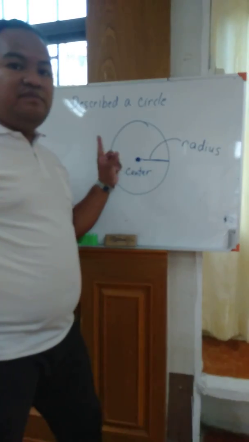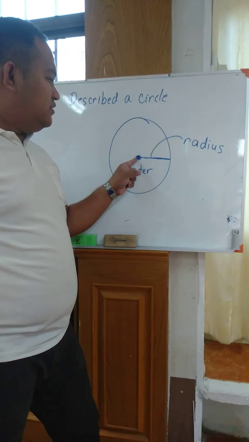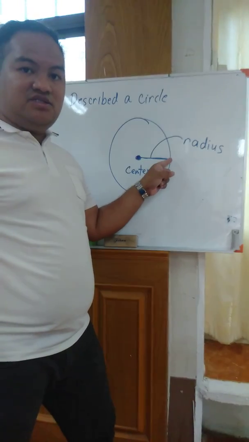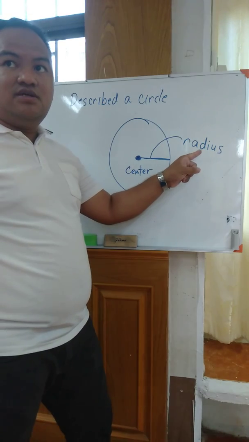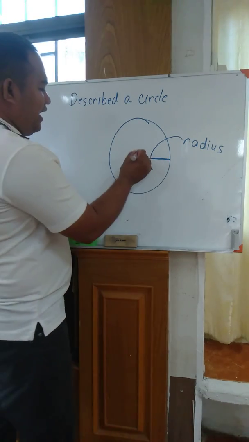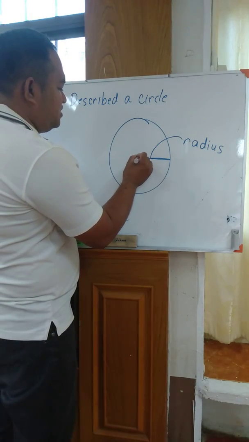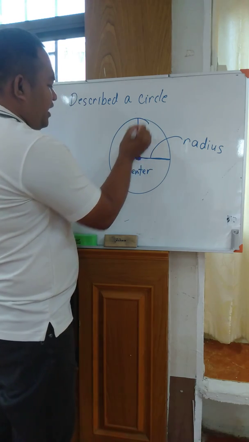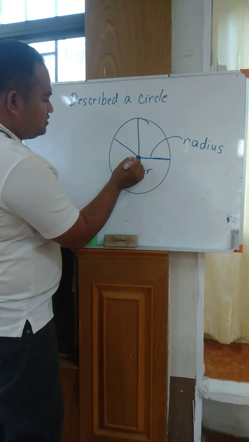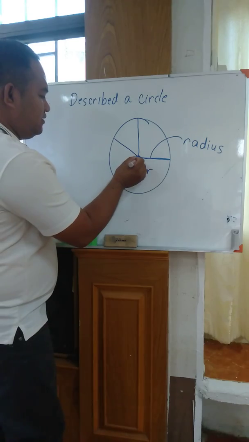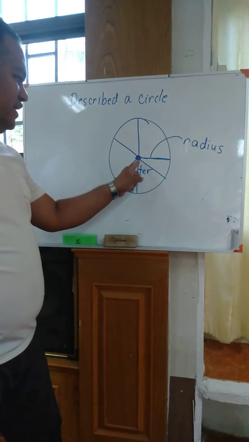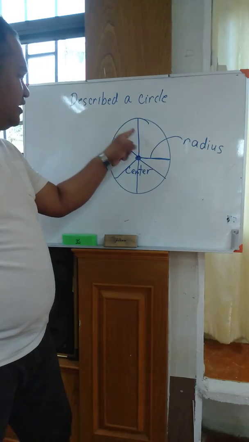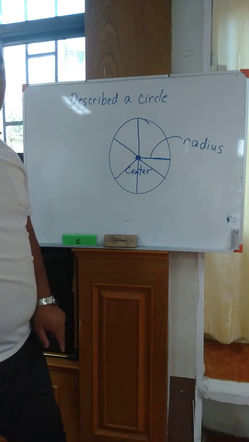The line from the point of intersection going to the edge of a circle is what we call radius. So all lines that connect to the edges are what we call radius. So this is radius, radius, radius, radius, radius, and radius.